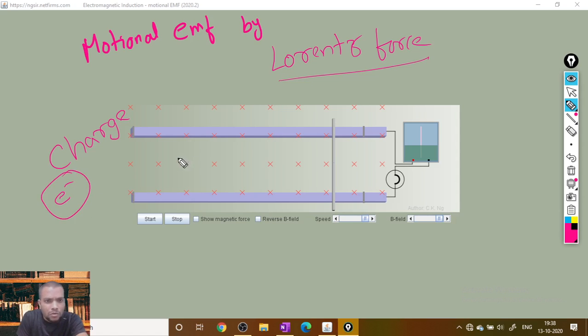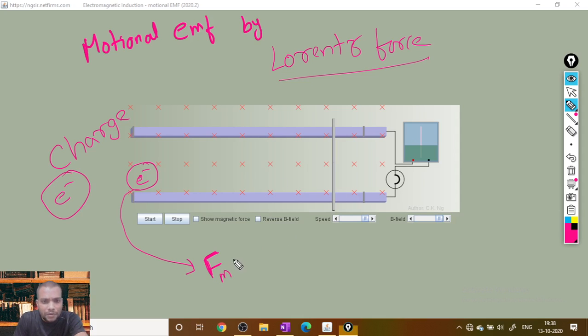When an electron moves in a uniform magnetic field, because of its motion some force will act on this electron. That force due to magnetism is what we call the Lorentz force: the force experienced by an electron or a charged particle when it is moving in a uniform magnetic field.